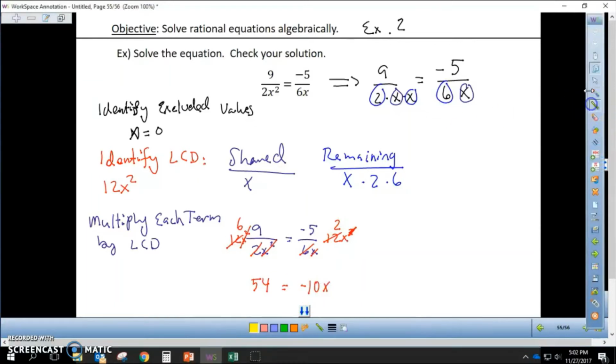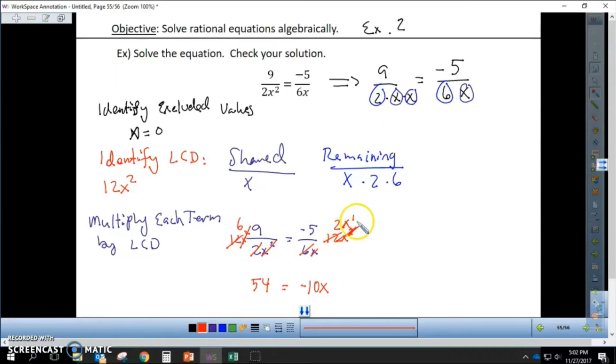Do not forget about this. This is a common error. Even if this is what you have to do, if you have to cancel this whole thing and rewrite 2x to the first, then go ahead and do that. And I actually recommend that. A lot of times I've seen that happen. So don't forget that x.